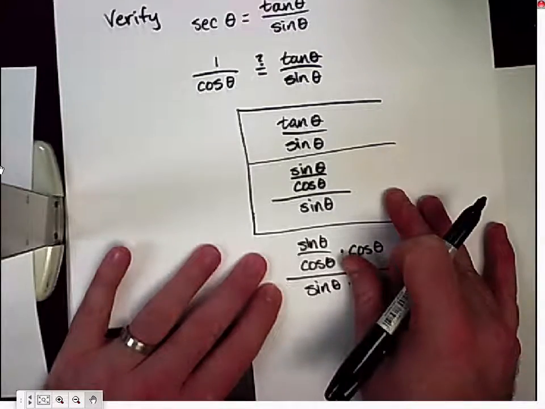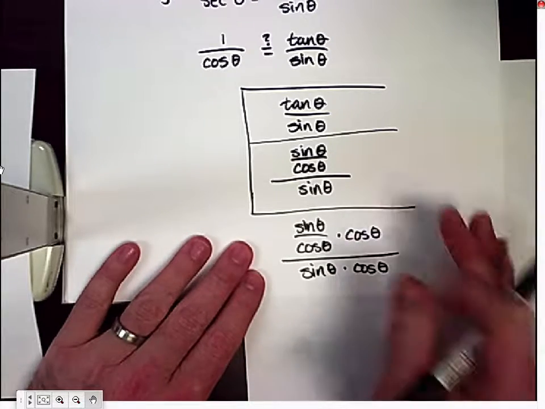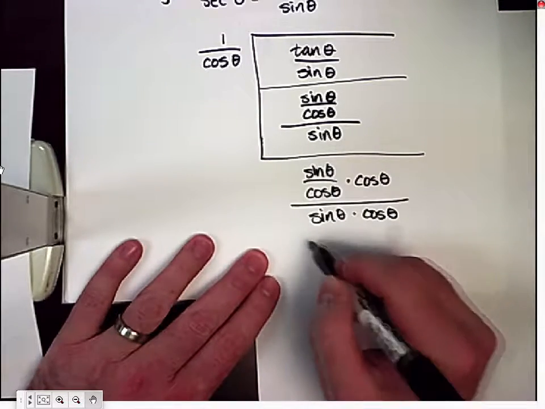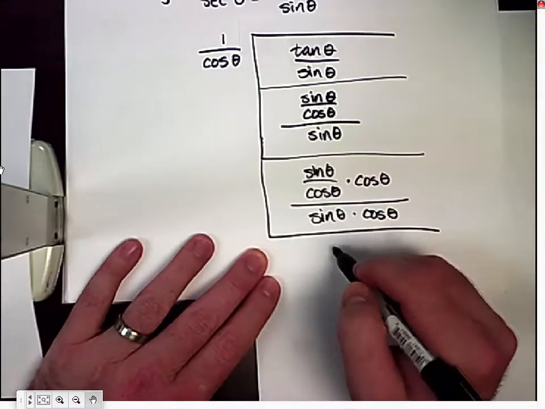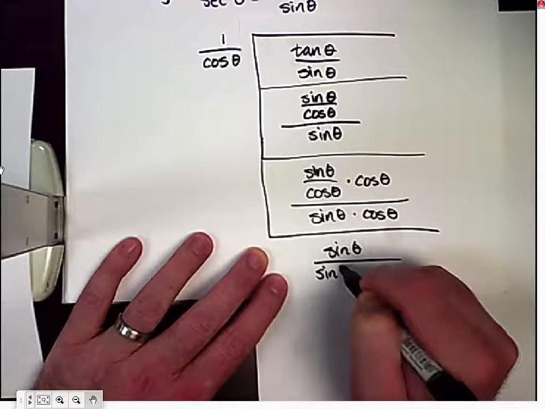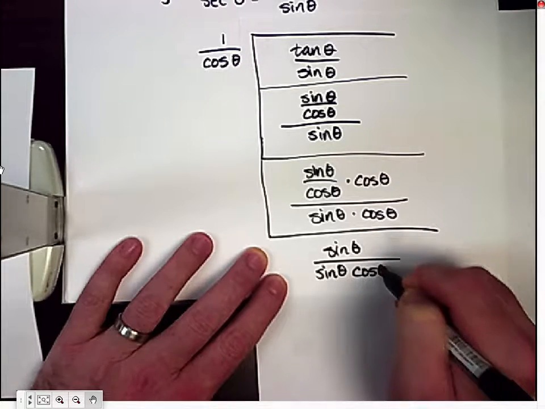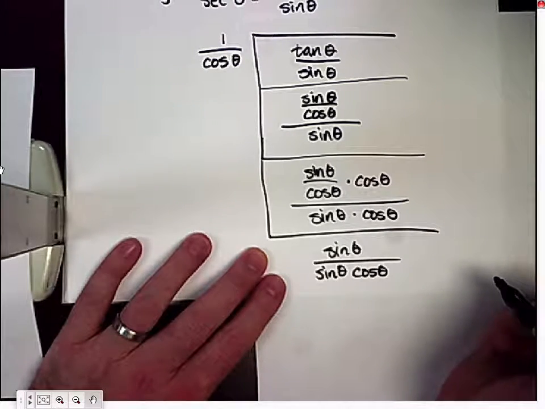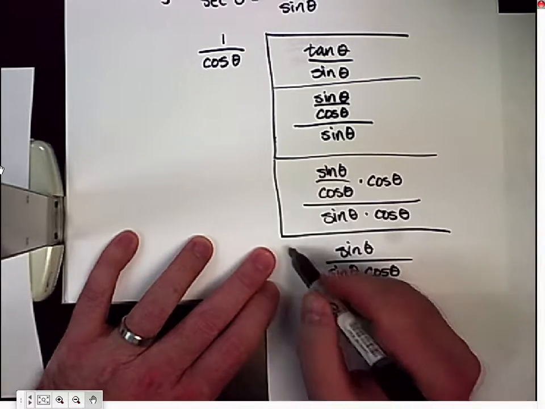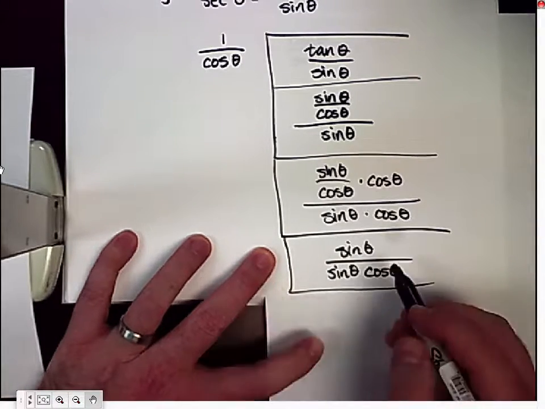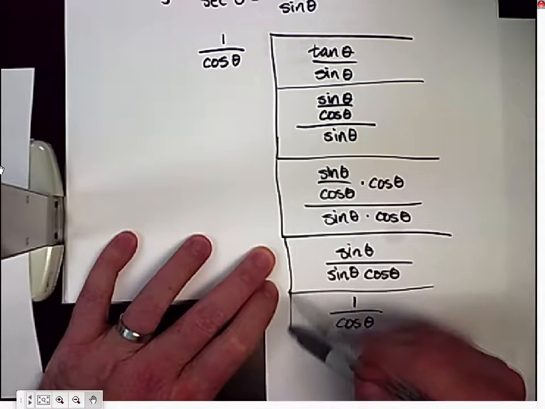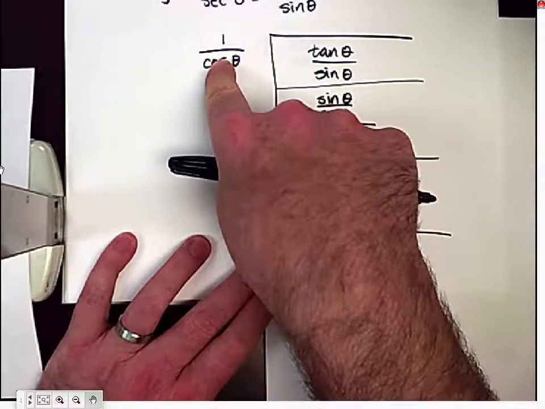What happens then? That cancels, and you have sine theta over sine theta cosine theta. Right? Which is what? 1 over cosine theta. Okay? Which is what we have over here, right?